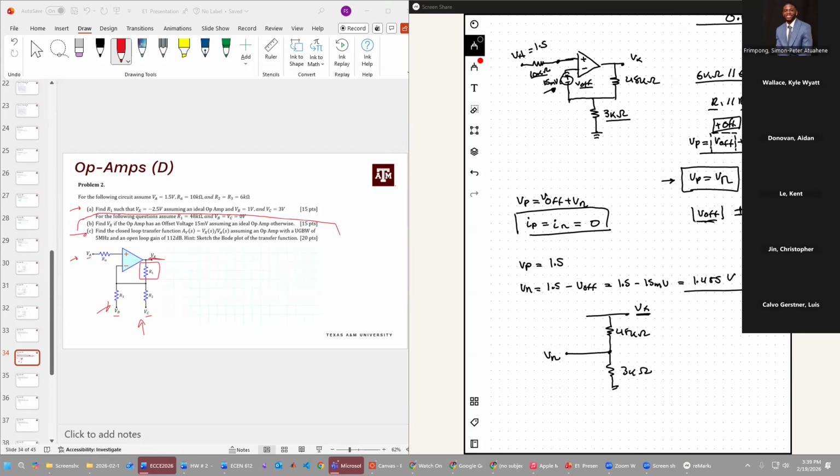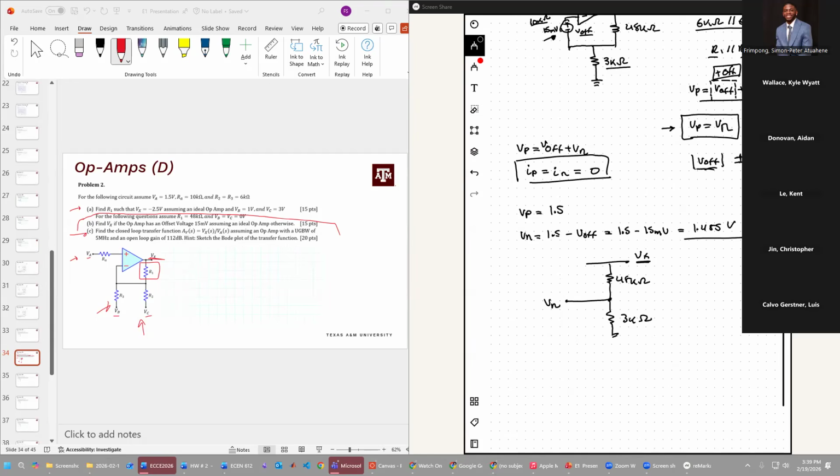Can anyone tell me what Vx is going to be equal to? For example, we know the voltage divider: if we were looking for Vn, Vn is going to be equal to Vx times 3 kilo ohms divided by the sum of the two resistors, right? So in this case, we're looking for Vx, so we're just going to move this over.